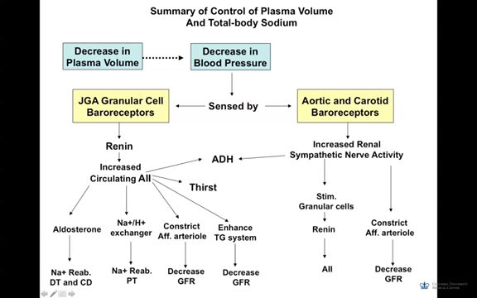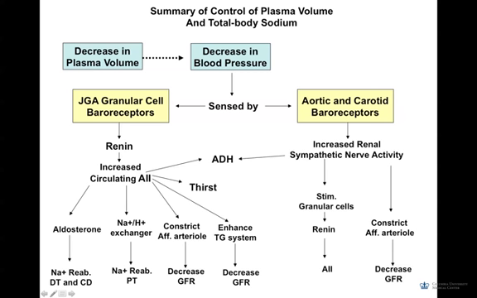They're going to stimulate those granular cells to release renin, and that's going to lead to a production of angiotensin II. It's also going to increase the release of ADH and cause water reabsorption. But remember, these aortic and carotid baroreceptors adapt after a few minutes. So you only get a few minutes of this increased sympathetic nerve activity with a sustained decrease in blood pressure. But that's just enough to get this ball rolling, because the renal baroreceptors then take over.